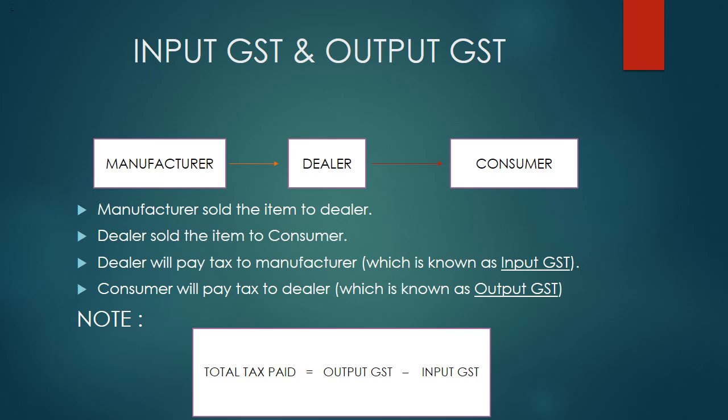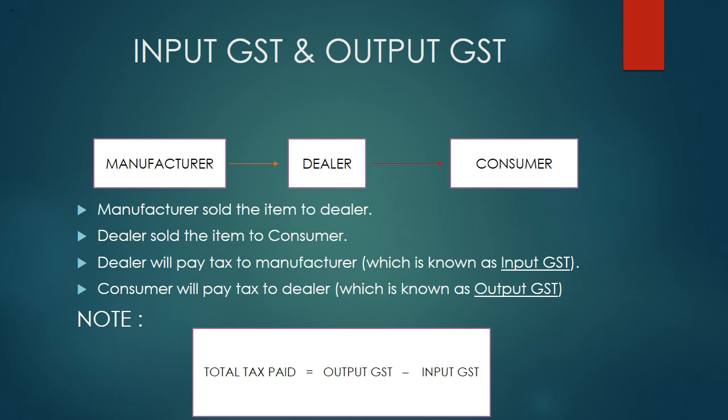Then the dealer has purchased the article from the manufacturer, so he will pay the tax to the manufacturer, which is known as input GST.